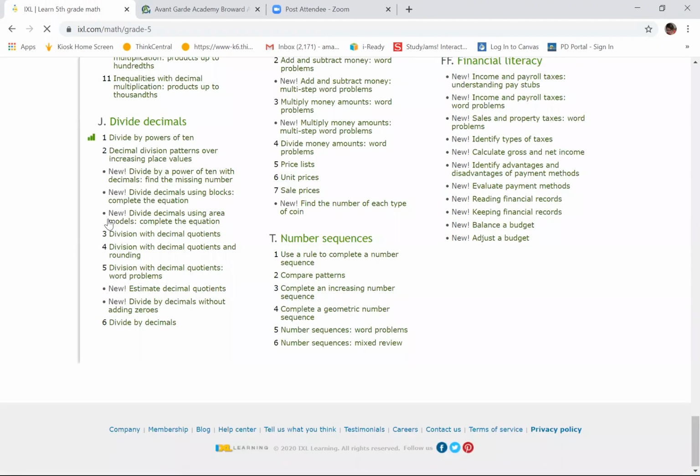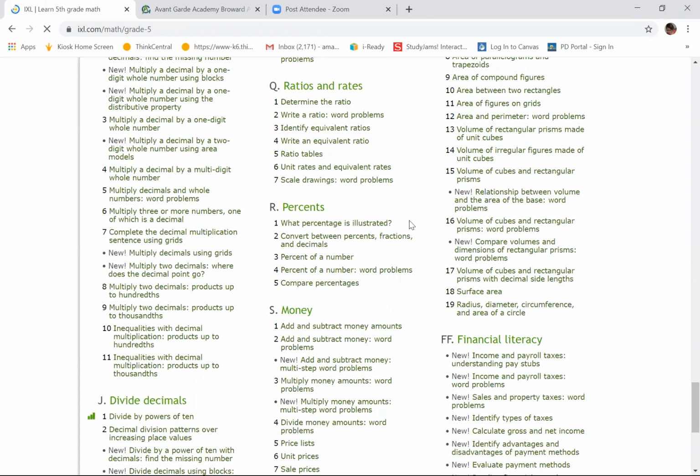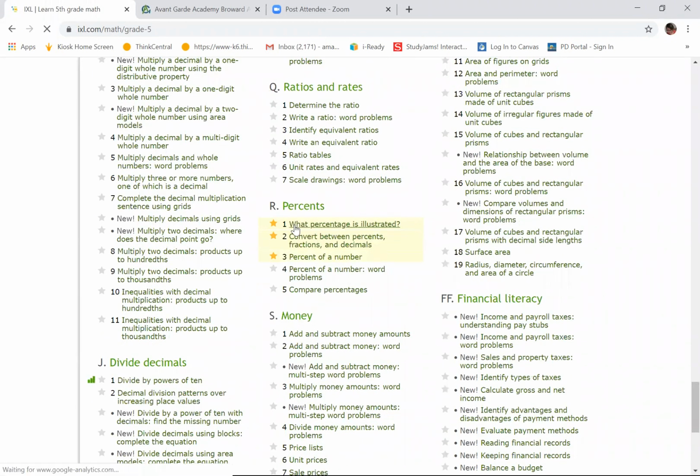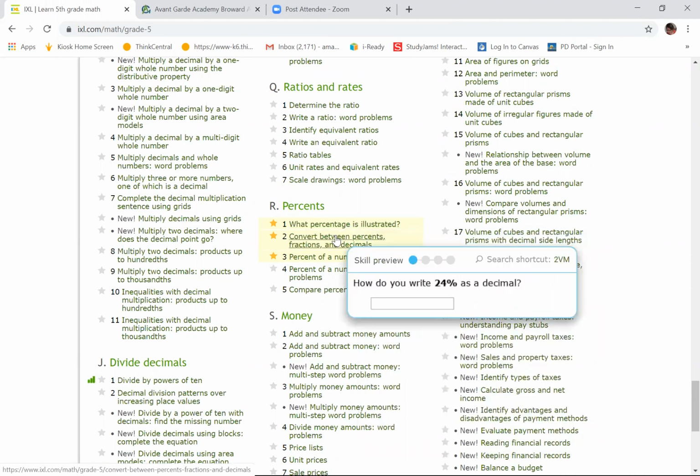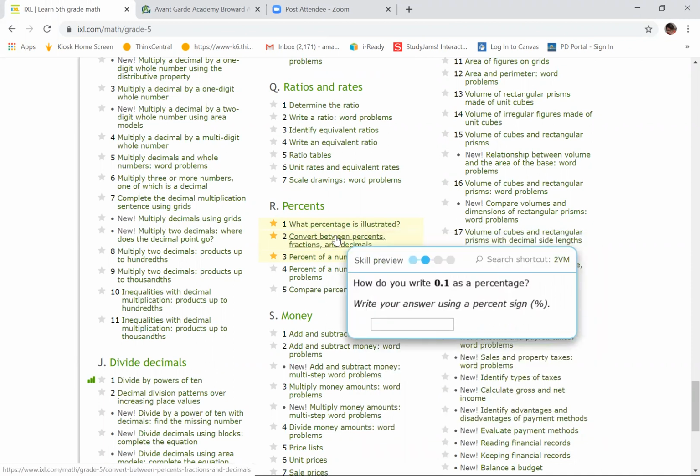What percent is illustrated? So you can do some more of these that have those 100 frames. And then you could do some practice of this. And challenge yourself. See how fast you can get up to 100%.